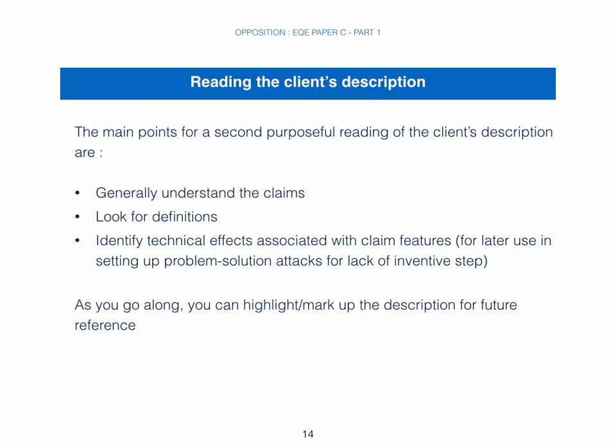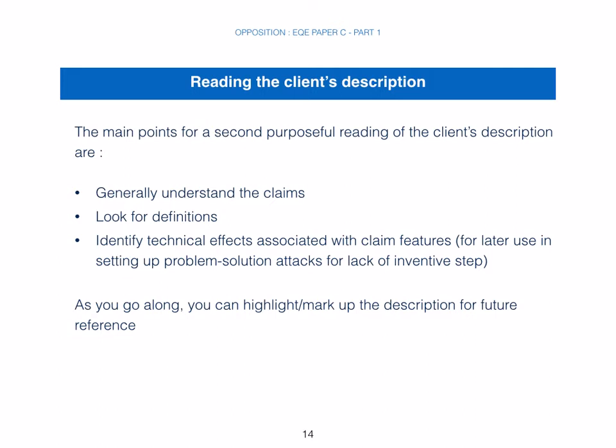The main points for a second purposeful reading of the client's description at this point of time are as follows: number one, to generally understand the claims and to generally understand what the opposed patent is all about. Number two, to look for definitions of features, because we will need definitions of features to make our attacks and to present our attacks.